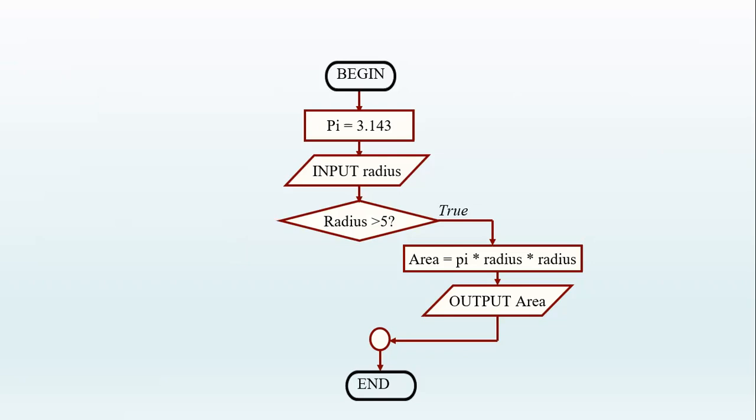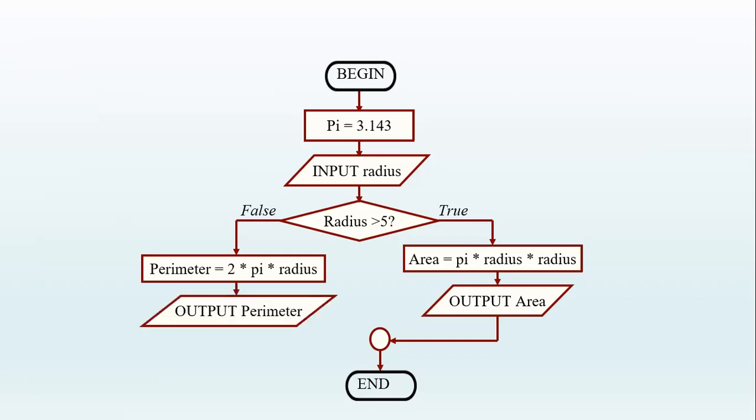If the value of radius is not greater than 5, then compute perimeter by multiplying 2 times the content of pi times the content of radius, or what has been entered as radius. And then display the perimeter or output perimeter and end the operation.